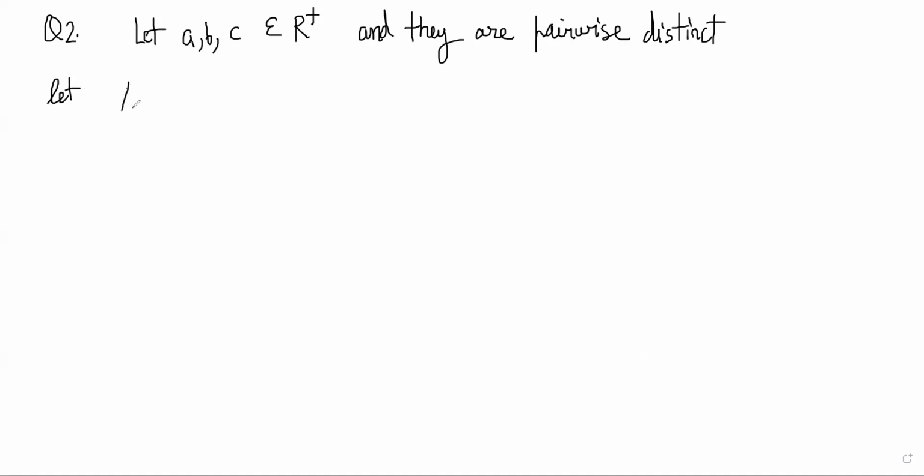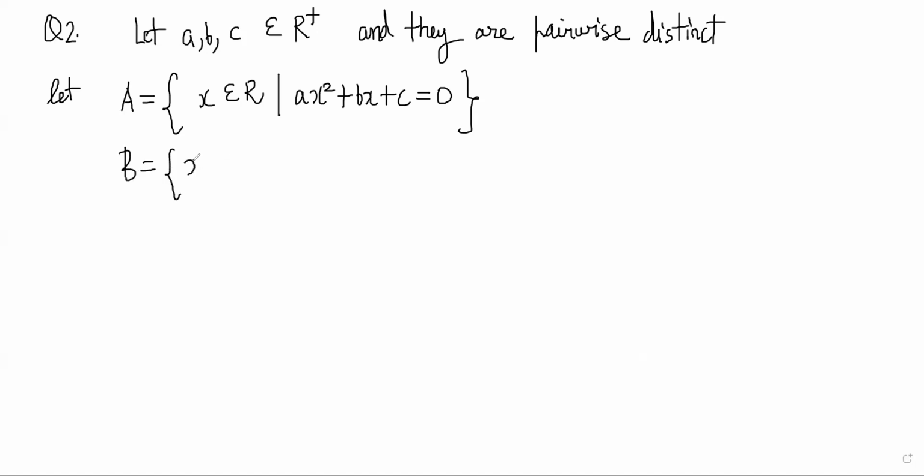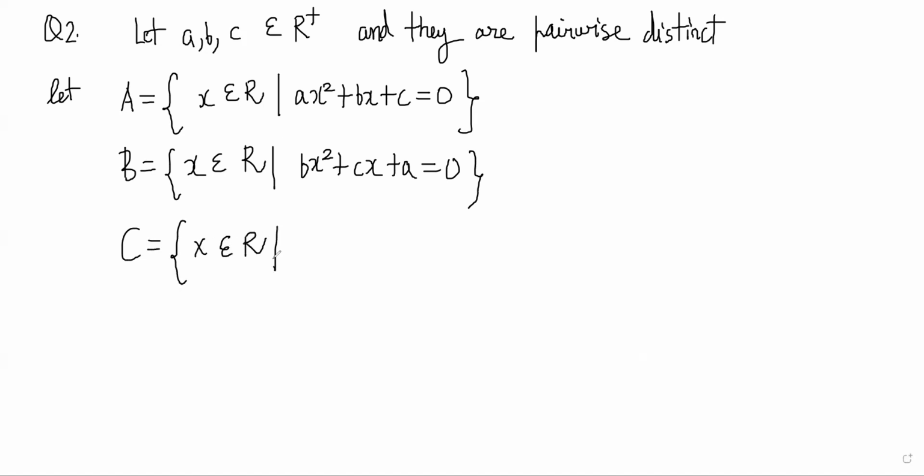Let capital A be the set of all x belonging to real such that ax squared plus bx plus c equals 0. Capital B is the set of x belonging to real such that bx squared plus cx plus a equals 0. And capital C is the set of x belonging to real such that cx squared plus ax plus b is equal to 0.